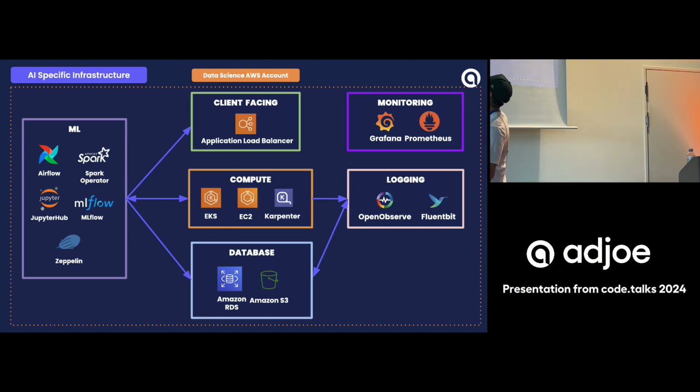But of course, the most interesting part is the compute side and the machine learning side. For the compute side, we use a Kubernetes cluster backed by spot EC2 instances mostly, and we will leverage Karpenter in order to add and remove those nodes. For the machine learning platform, we will have Airflow to be able to schedule our jobs and DAGs.